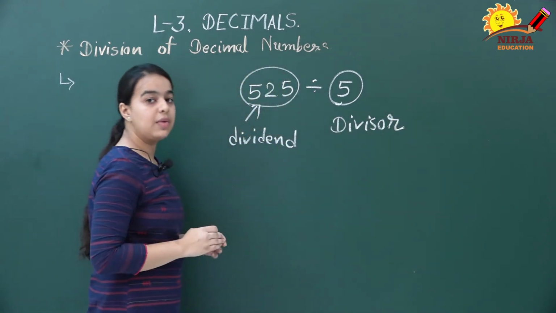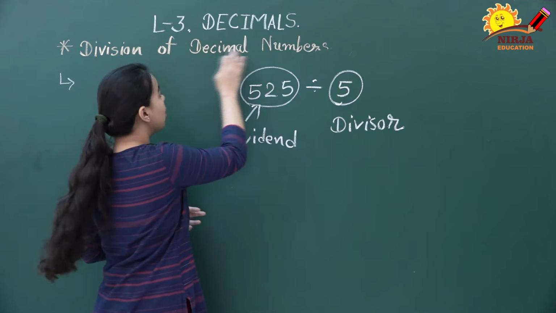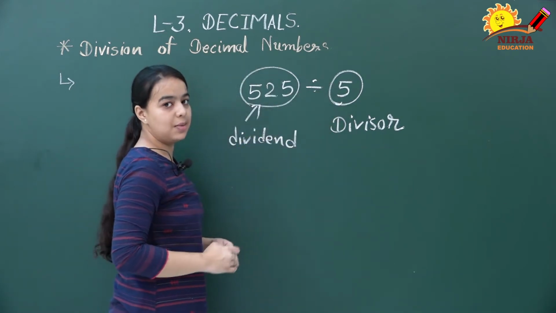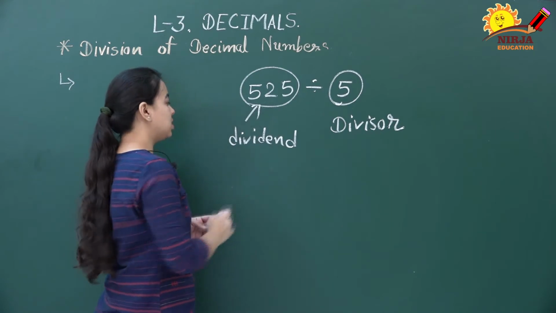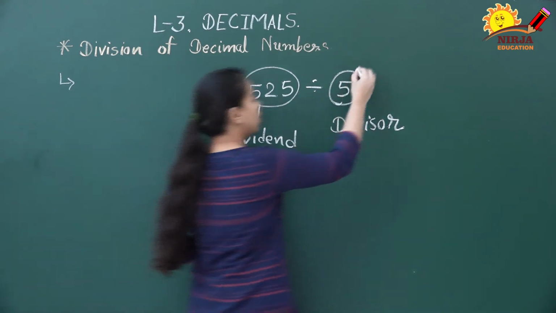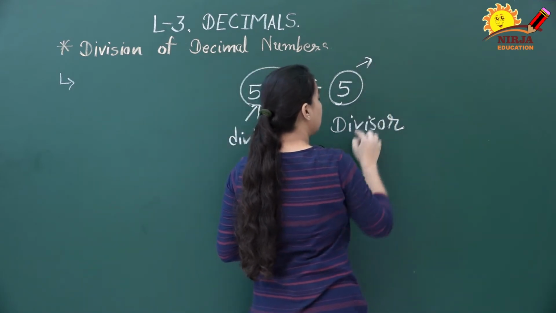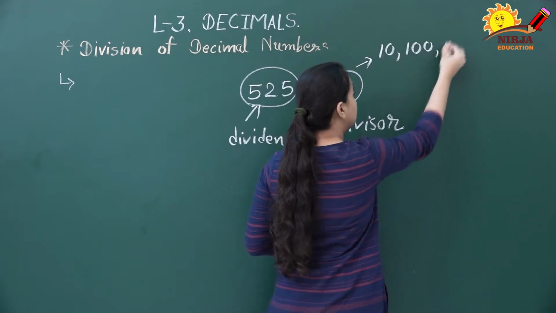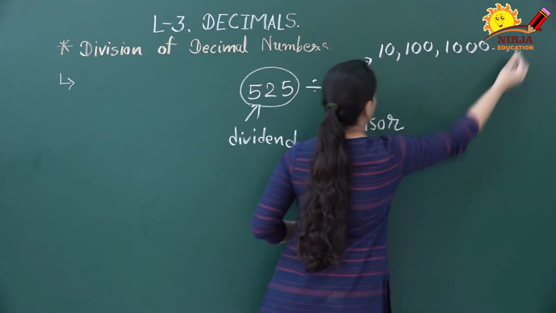But here we are talking about division of decimals. So instead of whole numbers, decimal numbers are given. Yes. So there are three possibilities. First one is, if our divisor is given in the form of 10, 100, 1000 and so on.